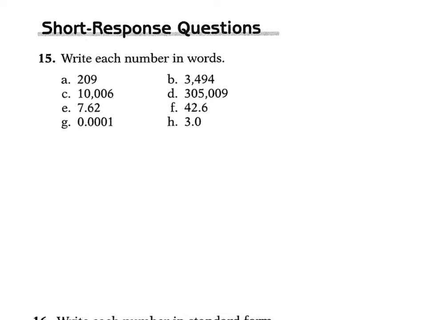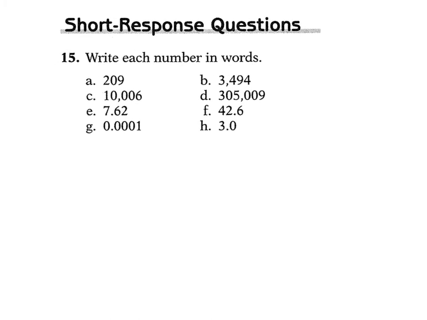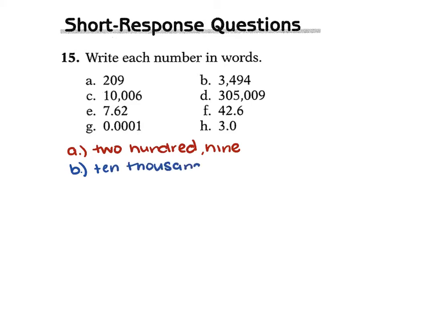If we look at 15a, we have 209. So it would just be 209. For B, we have 10,000, 6.